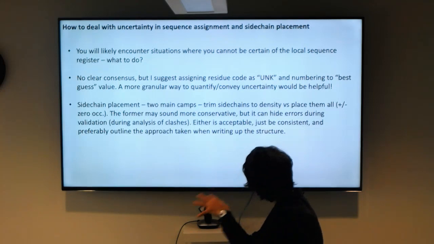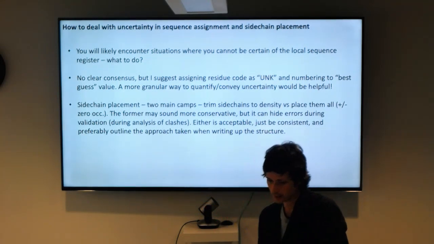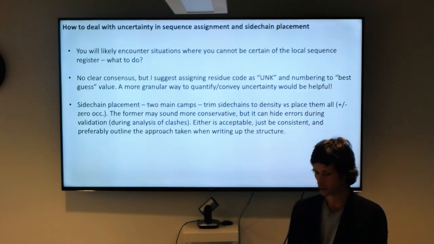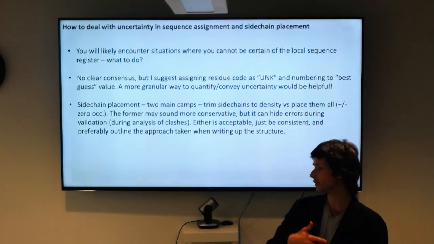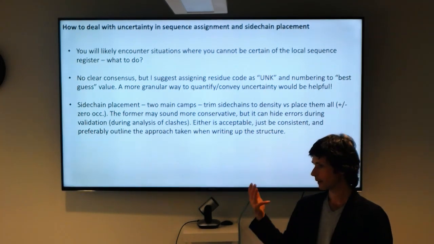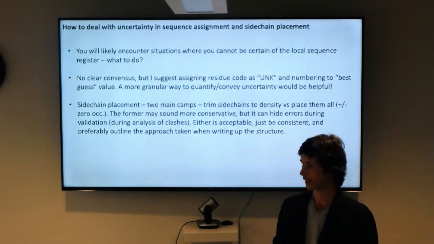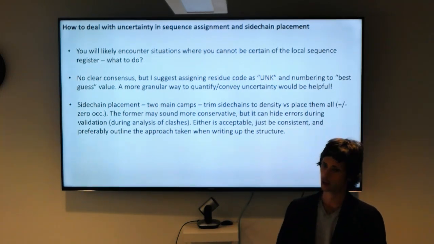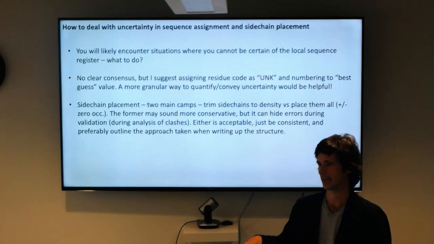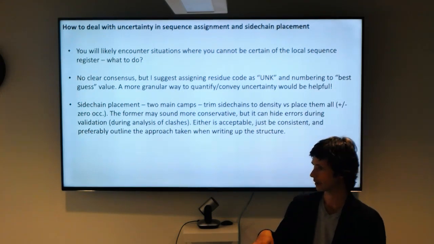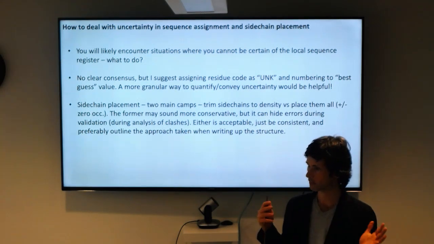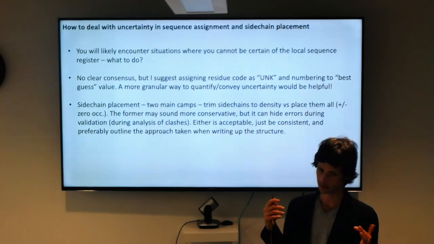And the other ambiguity issue to think about is sidechain placement. So if you can't see the sidechain, but you know the sequence register is correct, do you place the sidechain or not? And there's sort of two main camps in the community there. One of which is just trim back all the side chains to fit the density.